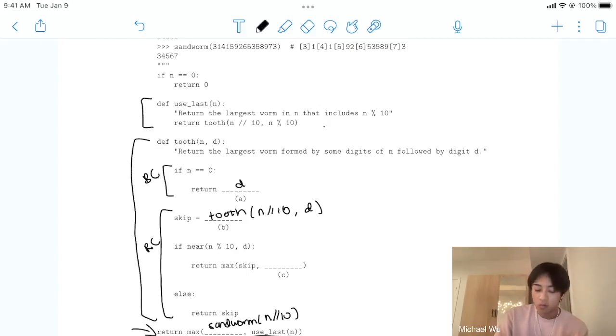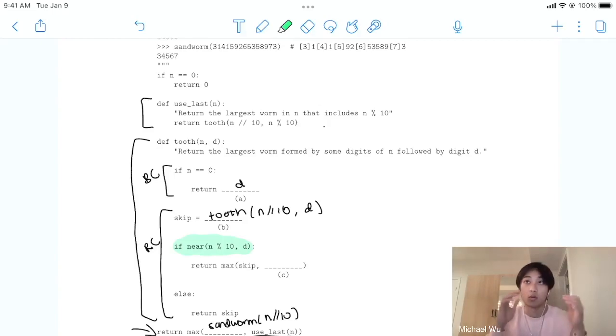Now, if we did want to use the last digit of n, there is one constraint that we need to keep in mind: the last digit has to be exactly one digit away from d, because we're going to use d as our last digit. So you have that condition in the line where it says if near on the last digit of n and d.